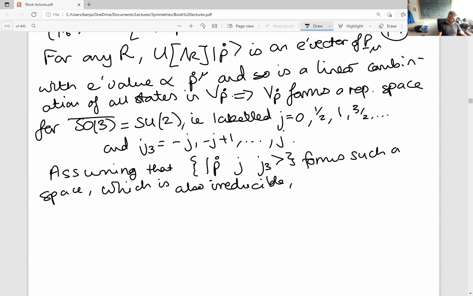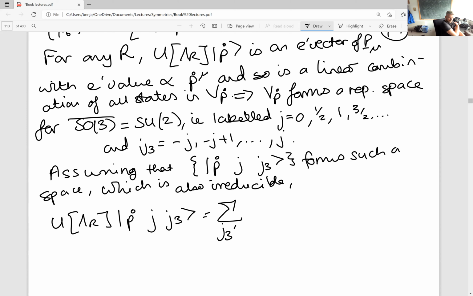So in that case, we have that U of lambda R acting on p dot, J and J3 is made up of the finite representations of SU(2). So we sum over all of the third components J3 prime of the states p dot, J, J3 prime, and we have some representation matrices of the rotation, the spin J representation, where the row index is J3 prime and the column index is J3.